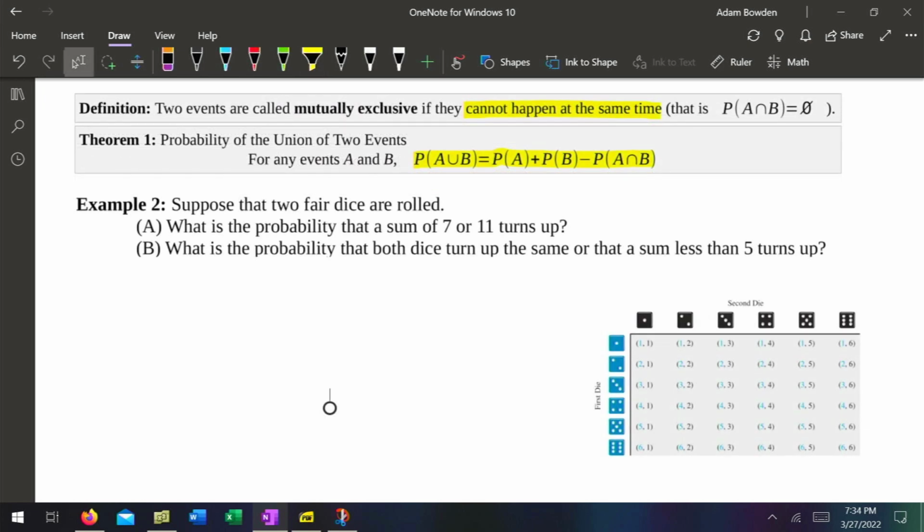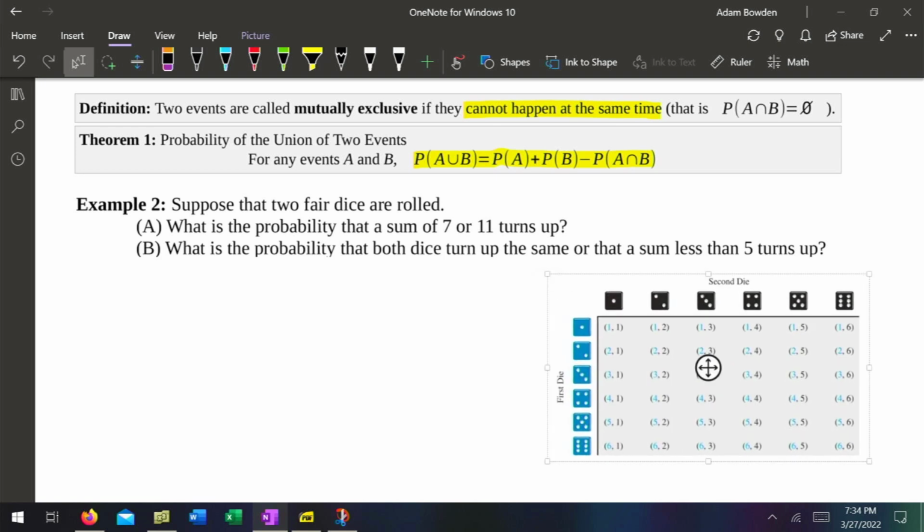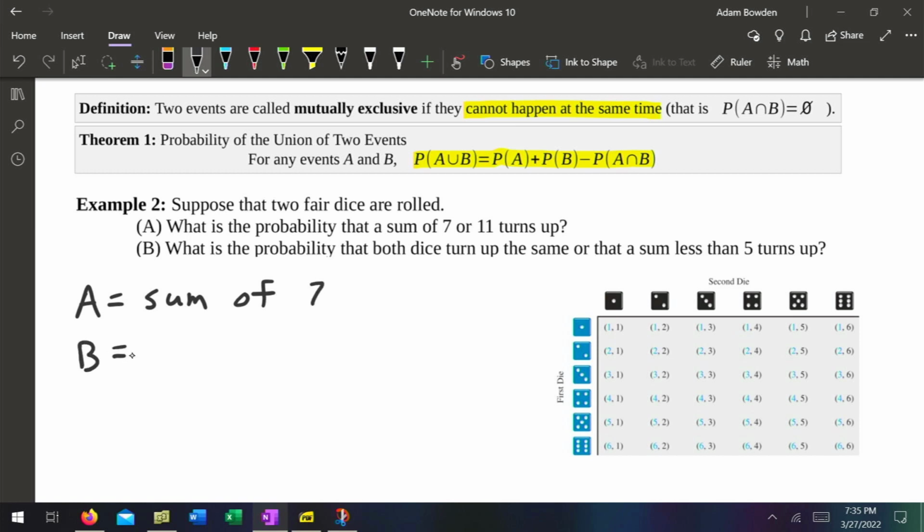So let's go back to the example of having two fair six-sided dice and talk about probabilities. In this case, we're going to start with: what is the probability that the sum of the dice is 7 or 11? Okay, so let's start out by using the letter A to stand for the event where the sum of the two dice is 7, and let's let B be the event that the sum of 11 happens with the two dice.